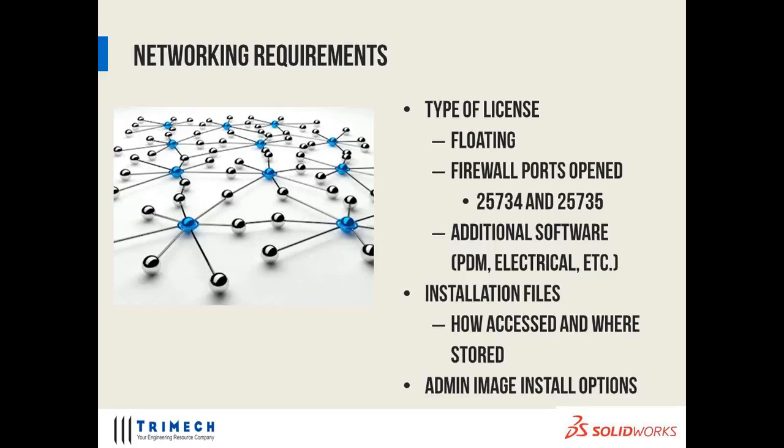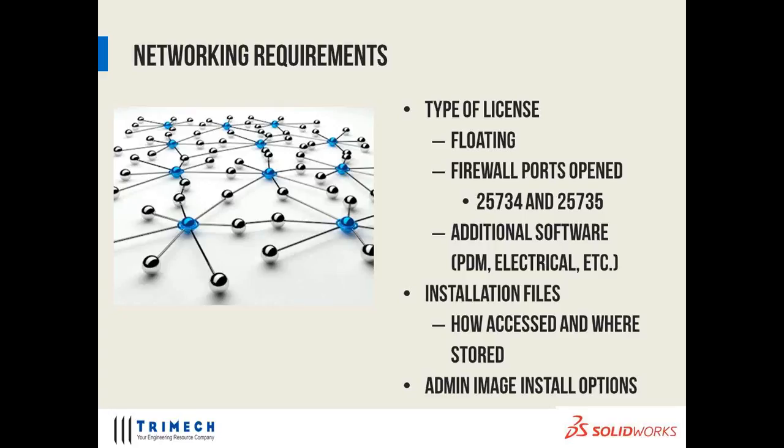Once the server version of the SolidNetwork License Manager is upgraded, it's going to try and give the licenses out over very specific port numbers. The default ports that it's going to connect through over the network are 25734, and if you have a firewall in place, 25735.